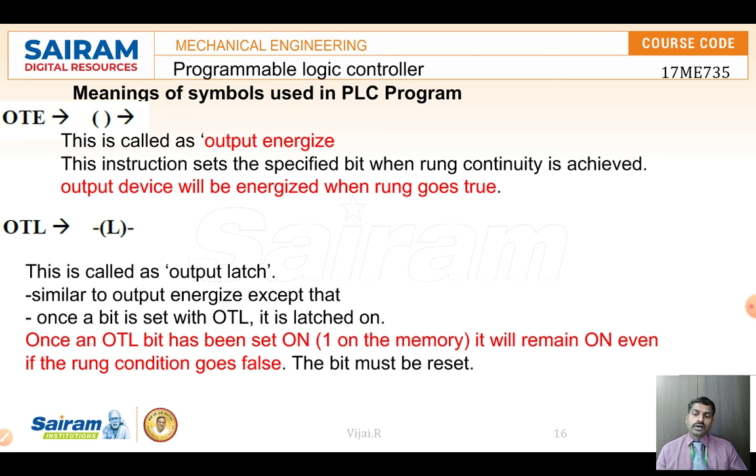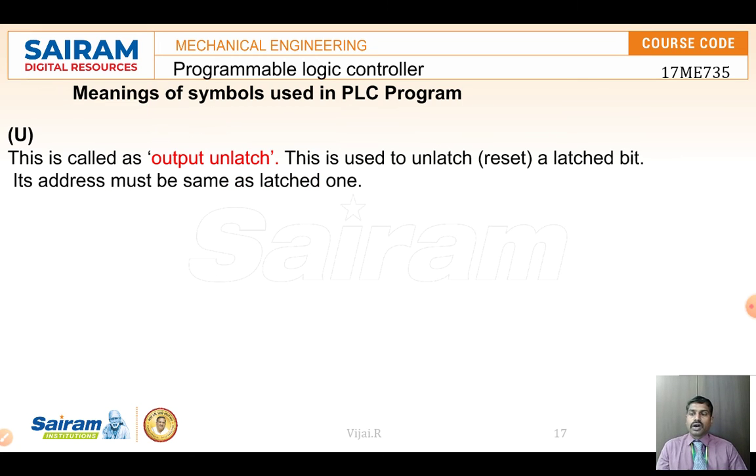If the rung conditions are true, it will be running. The next one is output unlatch, which is used to unlatch a latched bit, so the address must be the same as the latched one. So these are all the symbols used in PLC programs.